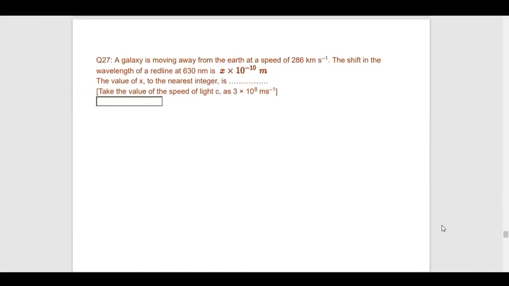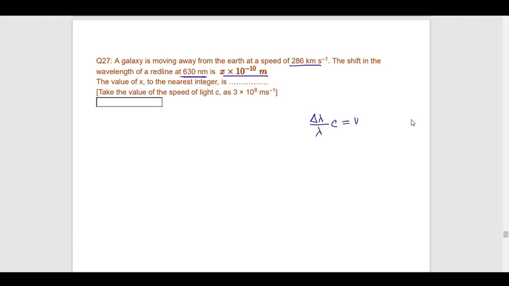This question says that a galaxy is moving away from Earth at a speed of 286 kilometers per second. Shift in the wavelength of a red line at 630 nanometer is x into 10 to the power minus 10 meters, and we have to figure out the value of x. So this is basically a question from Doppler's effect of light, or the idea of redshift, and the formula which we have to use here is this formula.